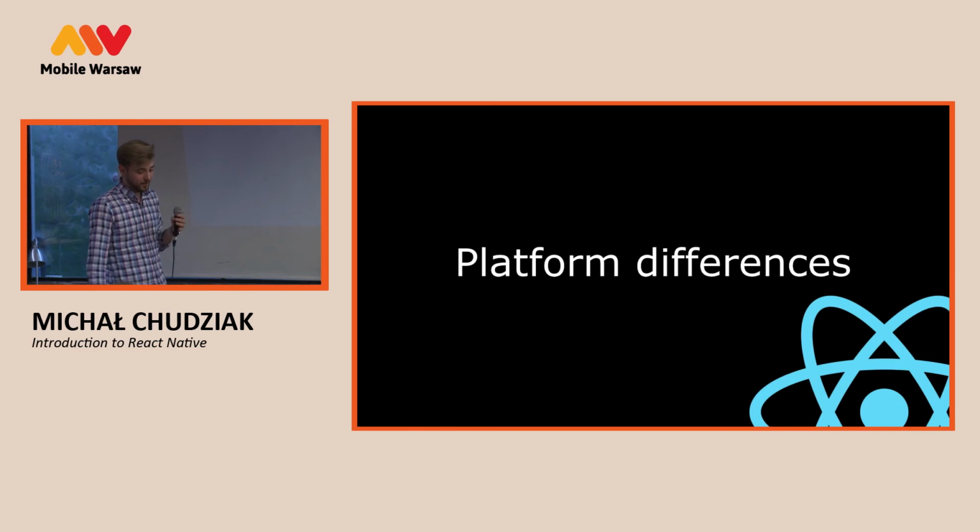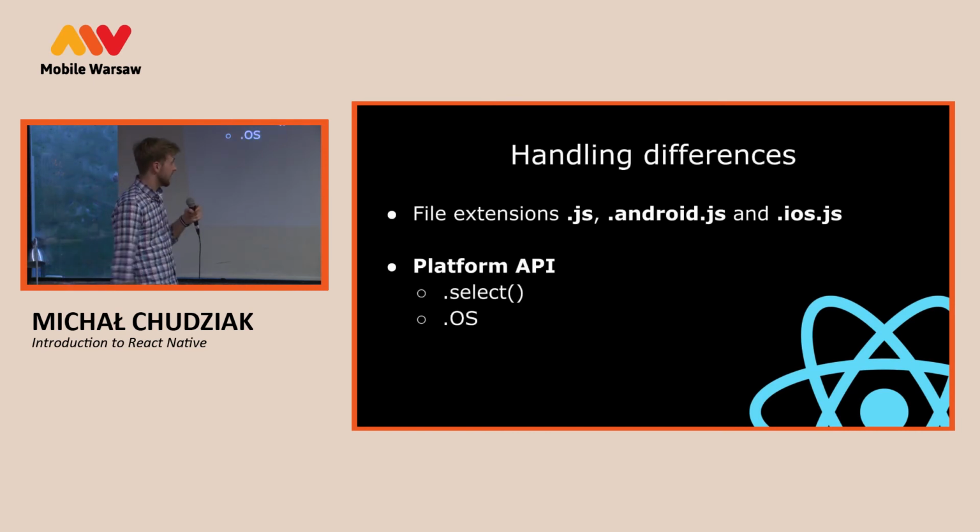Sometimes when writing cross-platform applications, you have to handle the differences. So React Native takes care of this case. Actually, instead of the regular JS file, you can specify a .android.js file or a .ios.js file, and it will be loaded with higher priority on your platform.